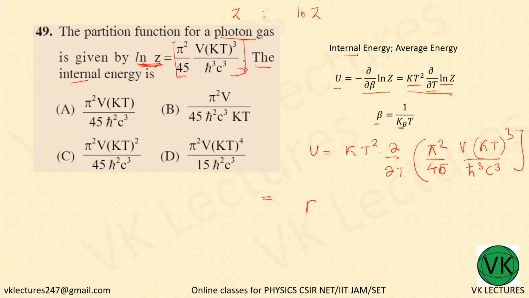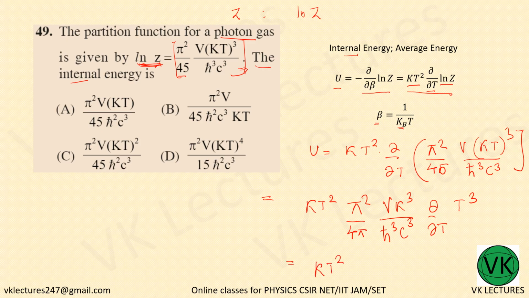So kT squared into pi square divided by 45, into V k cube divided by h cross cube c cube, into dou by dou T of T cube. So that is equal to kT squared pi square divided by 45 into V k cube divided by h cross cube c cube into 3T square.